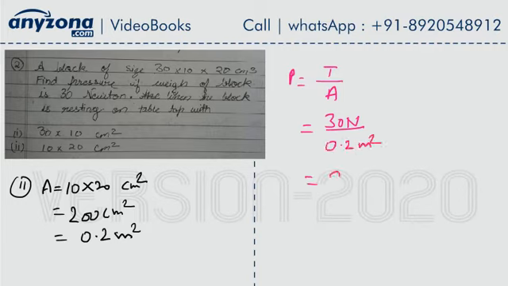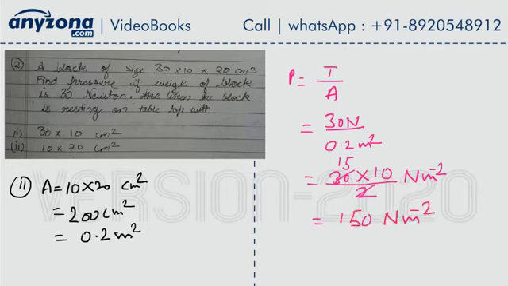So it can be written as 30, I hope you are getting what I am writing fast forward, into 10 upon 2, because I just removed the decimal from the denominator, Newton per meter square. You can cancel 30 by 2 with 15 times, and 15 times 10 is equal to 150 Newton per meter square. Okay, I hope you are getting all the stuff.